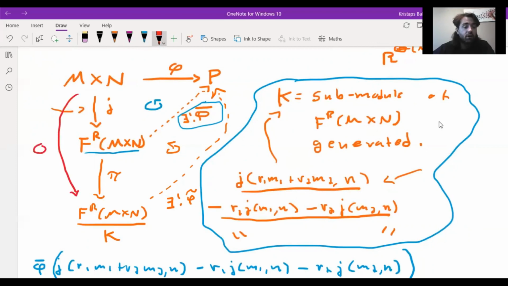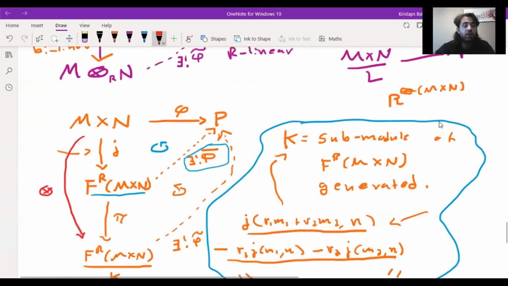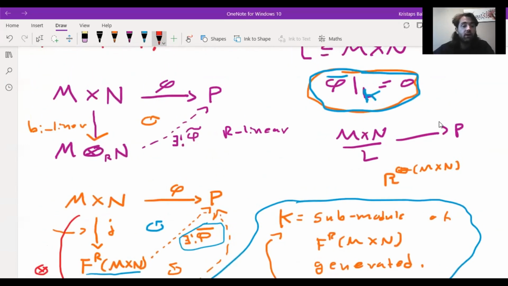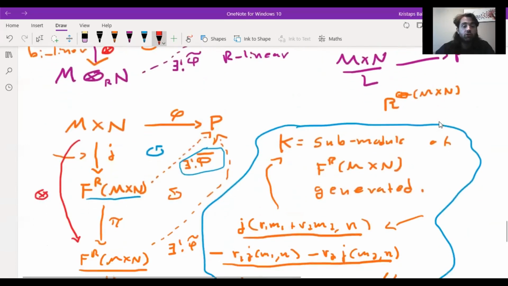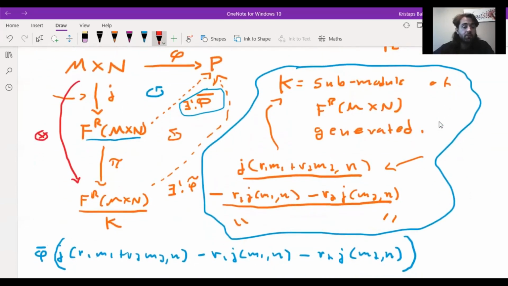So if I scroll back up to the universal property that we wanted, by that I mean this map here, which is our bilinear map. This object down here is our concrete model that we're going to take for the tensor product of M and N. And of course, this is the R-linear map that we want to take from here.